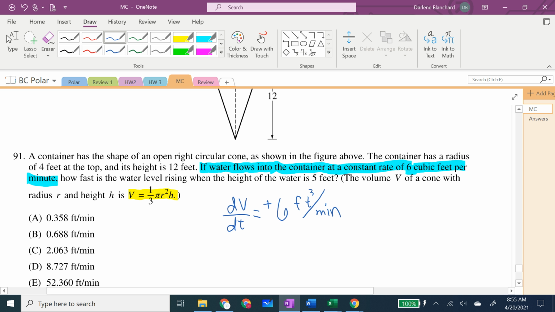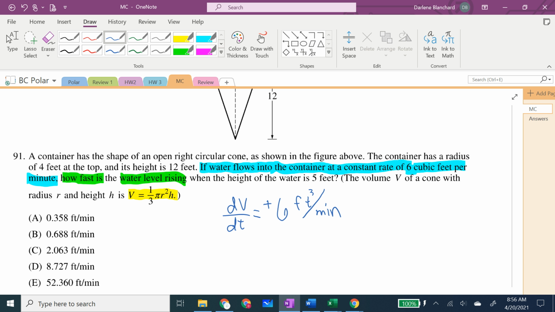Now, I don't see any other rate of change numbers, but do read it carefully. Then I'm trying to find what rate of change do they want me to figure out. So I noticed the words how fast is, there it is. How fast is the water level rising when blah, blah, blah, okay? What matters?